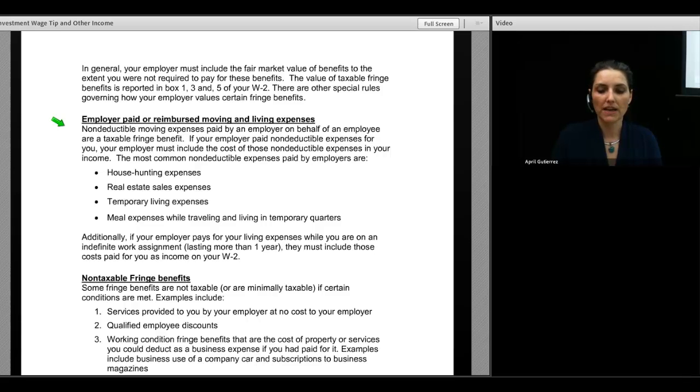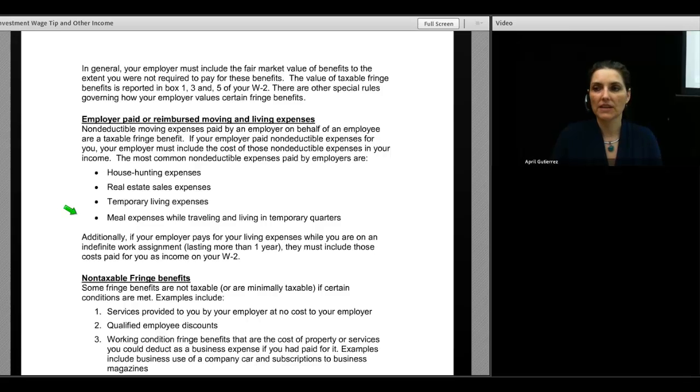If your employer paid non-deductible expenses for you, your employer must include the cost of those non-deductible expenses in your income. And the most common types of non-deductible expenses that an employer will reimburse an employee for include house hunting expenses, real estate sales expenses, temporary living expenses, and meal expenses while traveling and living in temporary quarters.